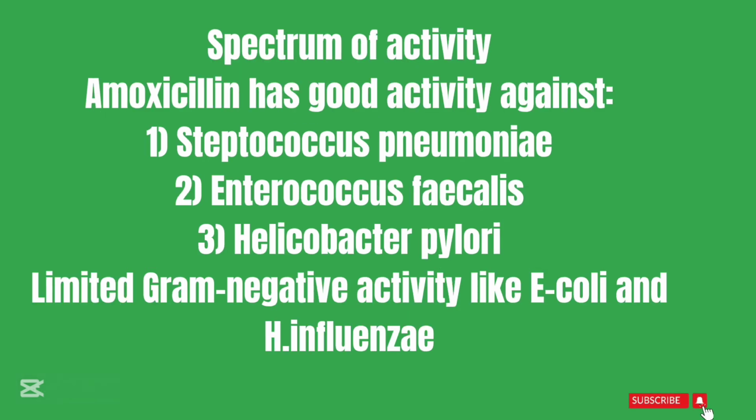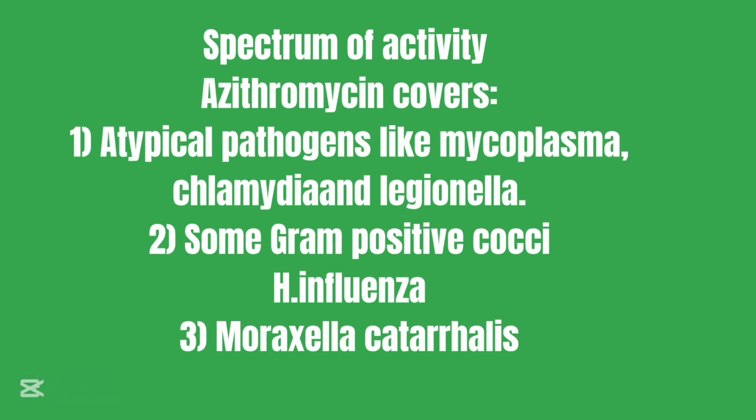Spectrum of activity: Amoxicillin has good activity against Streptococcus pneumonia, Enterococcus faecalis, Helicobacter pylori, and it has limited gram-negative activity on organisms like E. coli and H. influenza. For azithromycin, it covers atypical pathogens like Mycoplasma, Chlamydia, and Legionella.